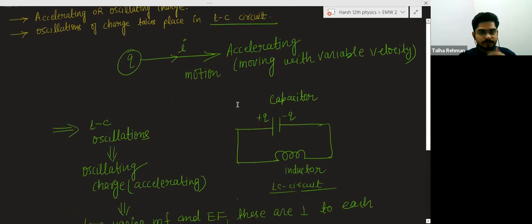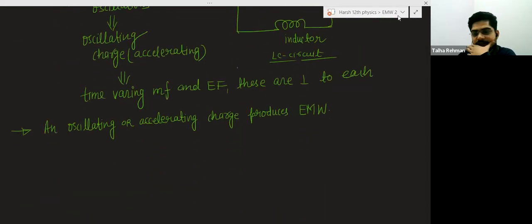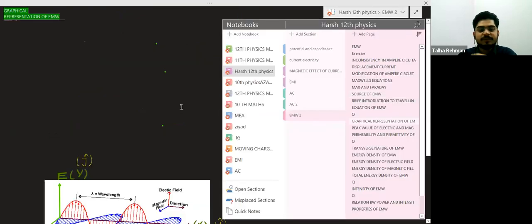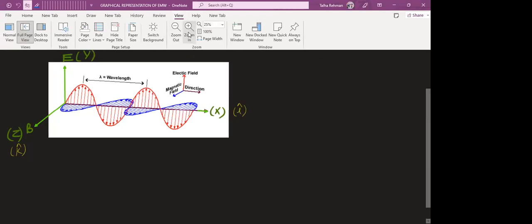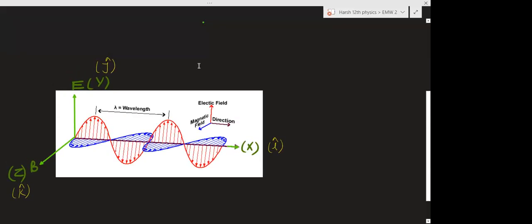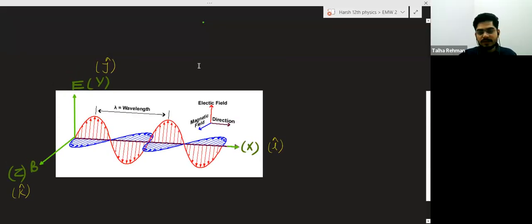So basically, I want to show you the graphical representation of the electromagnetic wave. I saw this in the book also. In this graphical representation, I have assumed that the electric field is oscillating along the y-axis, and the magnetic field is oscillating along the z-axis.